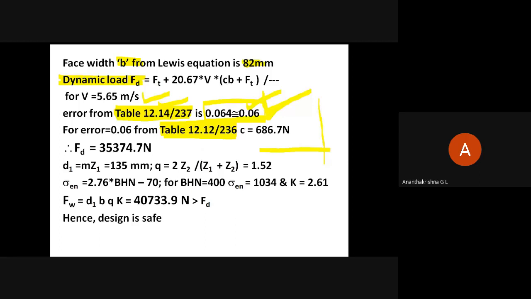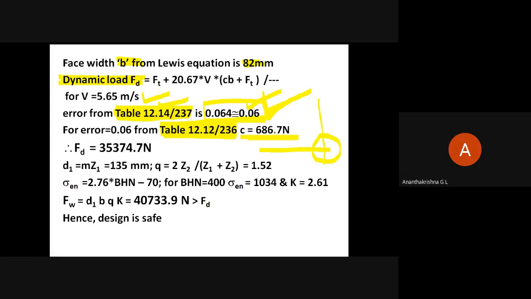They intersect at the point for the value of C. So in this problem, it is 686.7 Newton. Are you all there now? Got the clarity as to how to take C value?